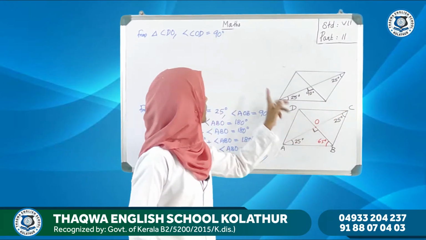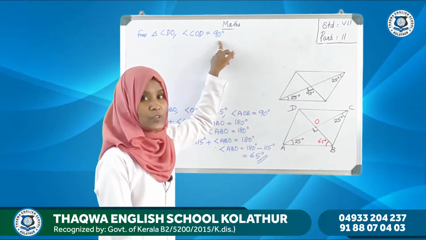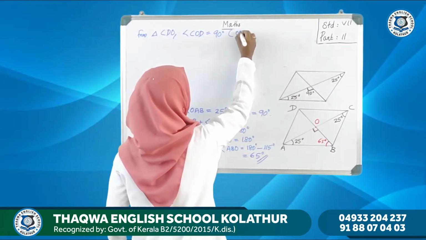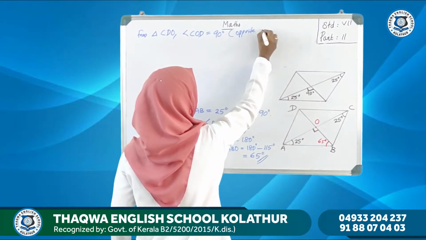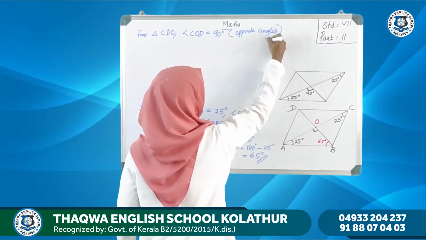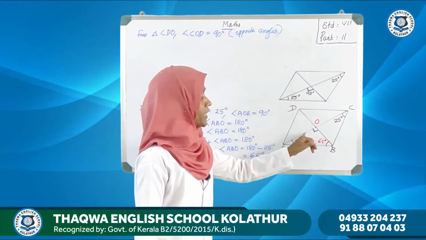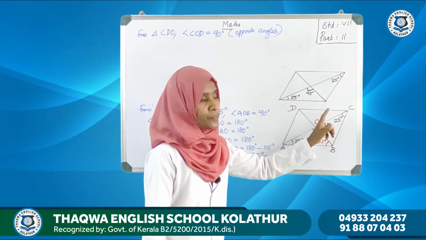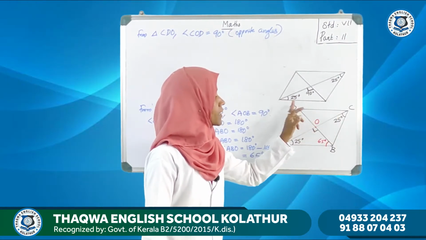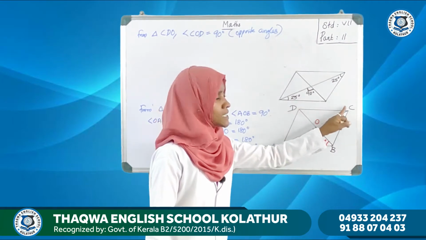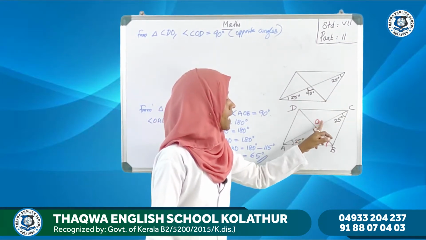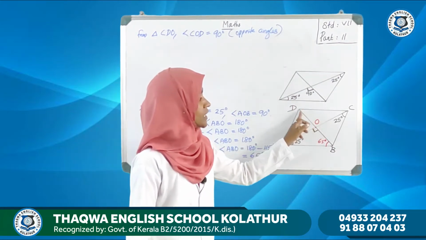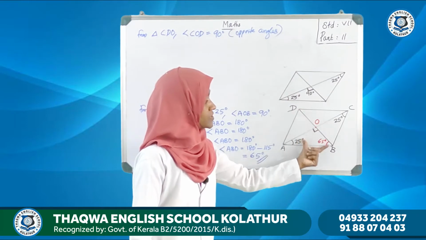So, angle COD is 90 degree. Can you say? Yes, these two are the opposite angles. Now next, let us find out these two angles. Which are they? Angle OCD and angle ODC. What is angle OCD? Can you say what the measure of angle OCD is from this figure?